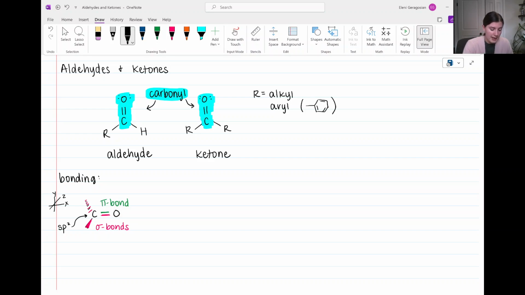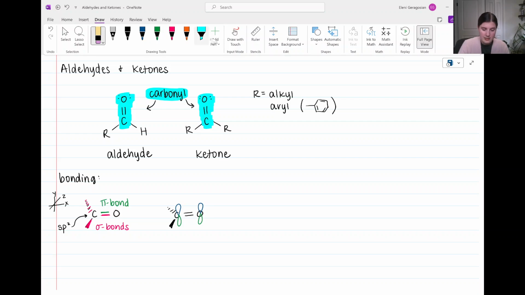So we can look at this pi bond in a little bit more detail, where I'll draw the molecule in the same orientation. Now remember, a double bond exists between unhybridized p orbitals. So on both the carbon and the oxygen, there is an unhybridized p orbital. These are overlapping.